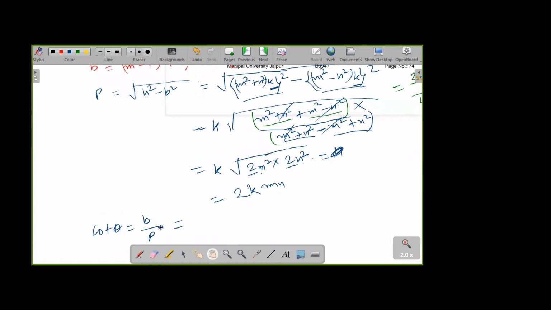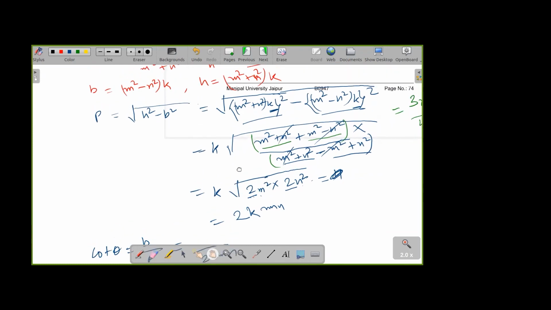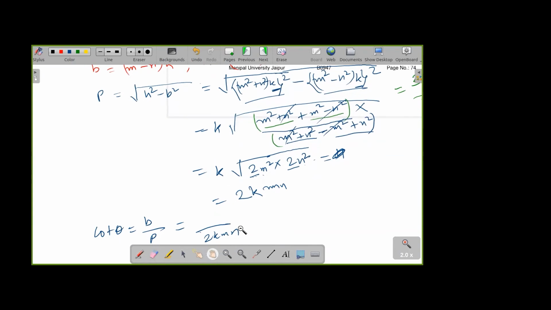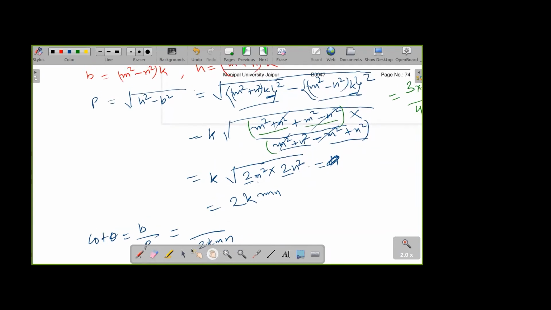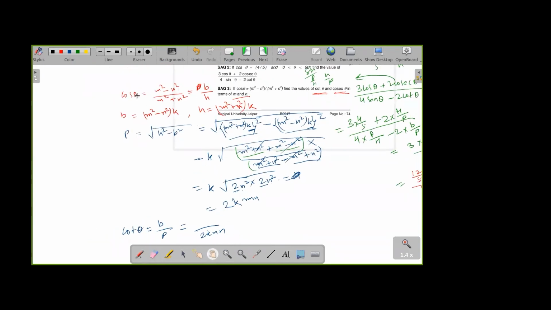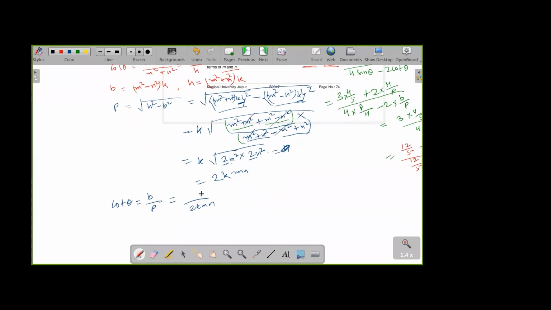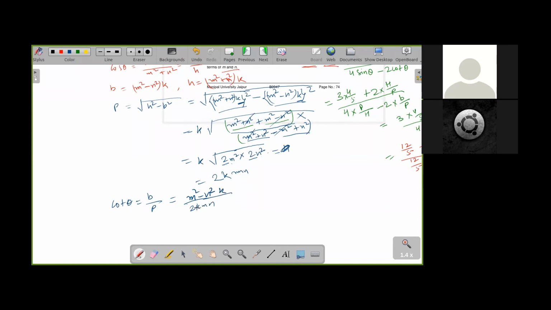So p we know is 2k mn, and b is m square minus n square k. k cancels out. It will be m square minus n square by 2mn.